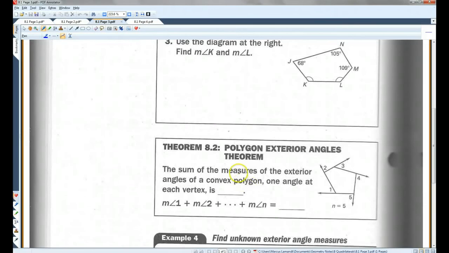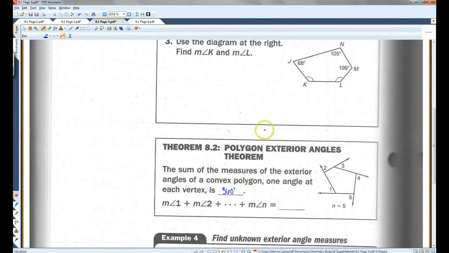Okay, theorem 8.2. Polygon exterior angles theorem. The sum of the measures of the exterior angles of a convex polygon, note that it doesn't work for concave polygons, one angle at each vertex, is 360 degrees.